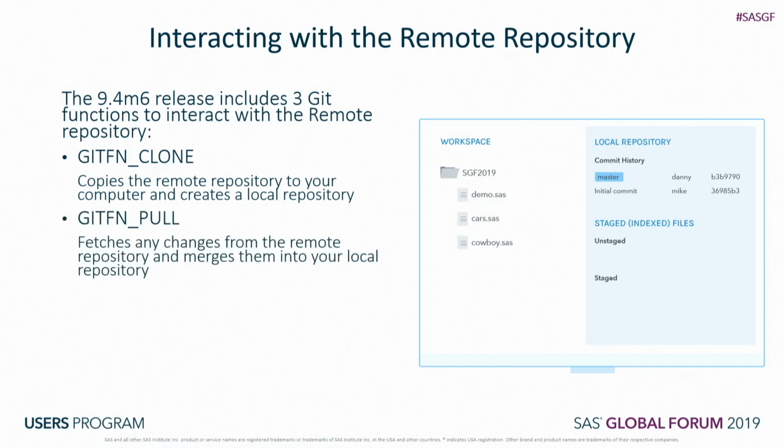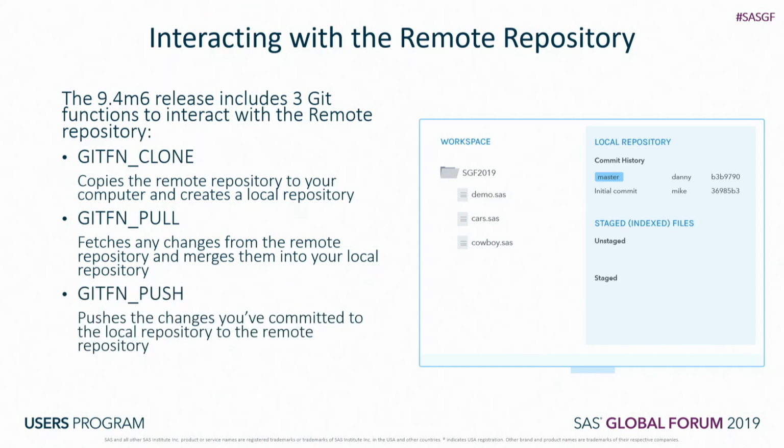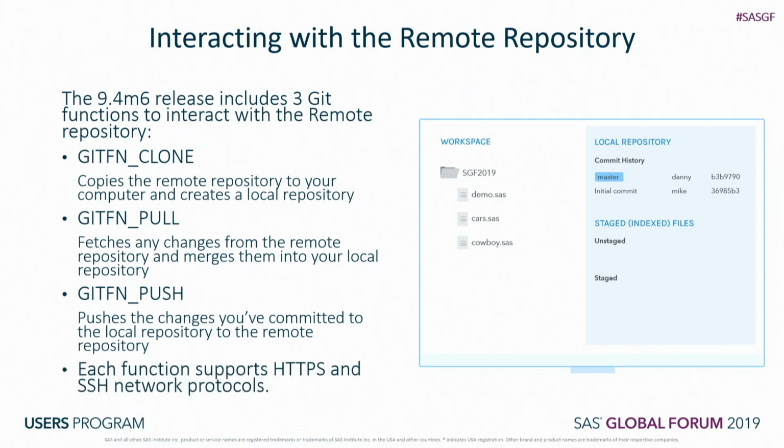Pull. This function fetches any changes from the remote repository and merges them into your local repository. And then push. This essentially publishes any of your changes that you have committed to your local repository to the remote repository so other users can access them.